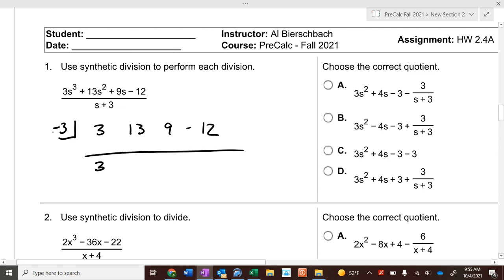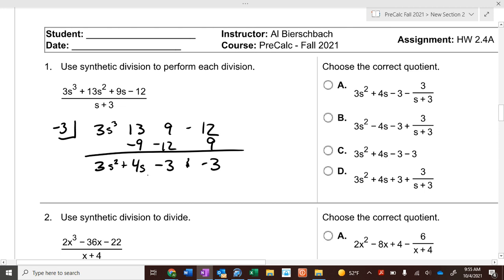Zoom. 3, we get negative 9, and we get 4, and we get negative 12, and we get negative 3, and we get 9, and we get negative 3. So this was s to the third, so this is s squared plus 4s minus 3 with a remainder of negative 3.